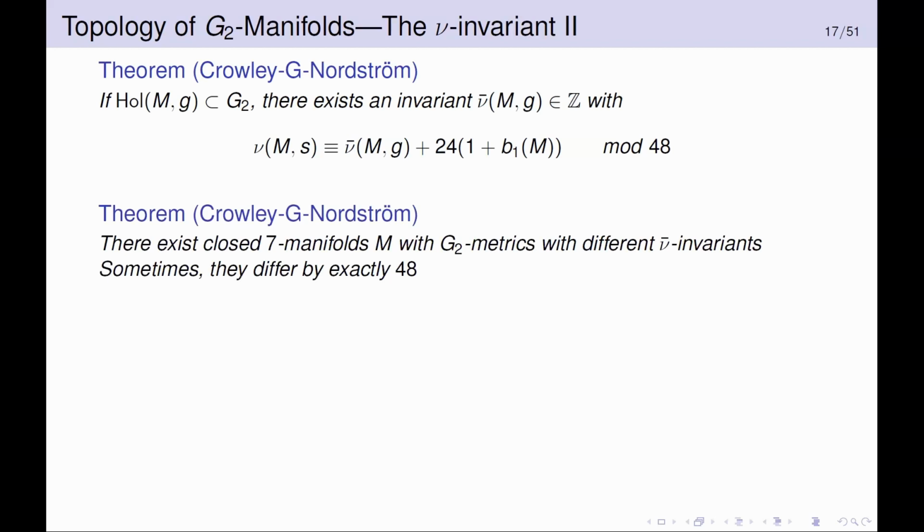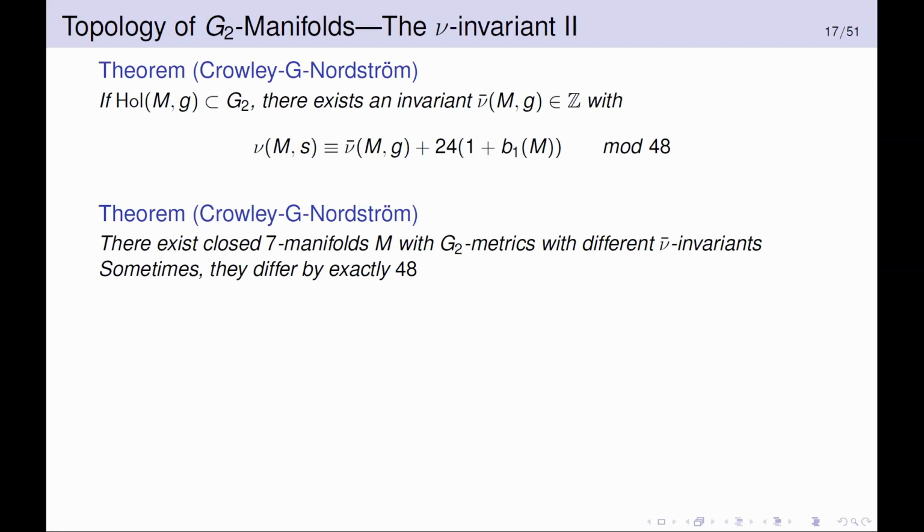So the next thing we did is we were looking for 7-manifolds with different G2 metrics on them, which have different nu bar invariants. Sometimes they differ exactly by 24. So how do you do this? You have these constructions of G2 manifolds, and you take two constructions with different parameters, say, and then you compute so many differential topological invariants that you get from some classification results by Wall and Wilkens and Crowley that, in fact, they must be diffeomorphic.